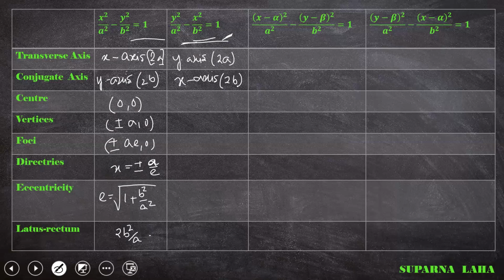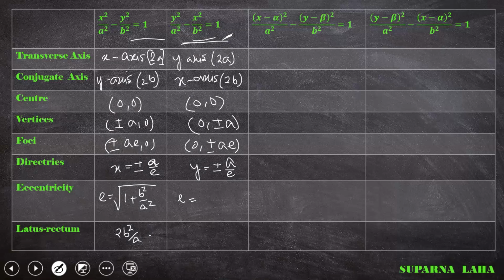x to y. Center is definitely 0, 0, and the vertices are 0, plus minus a, since the foci and the vertices are on the y-axis. So the foci are 0, plus minus ae, and the equation of the directrix is y equals plus minus a upon e.